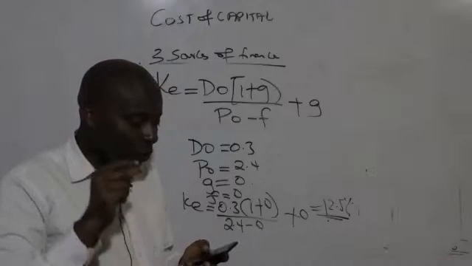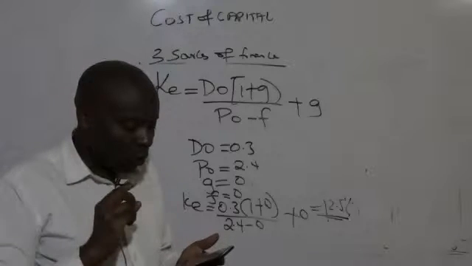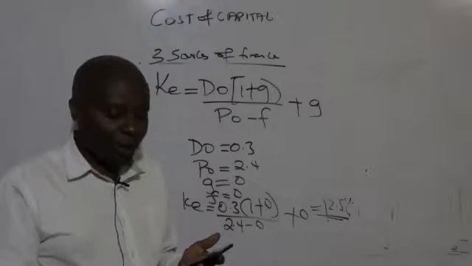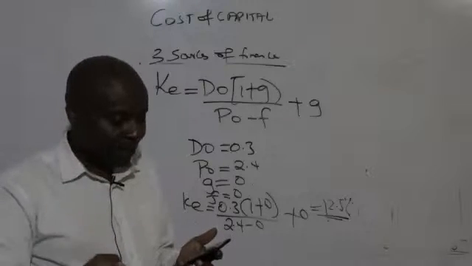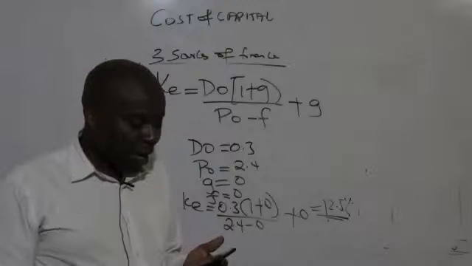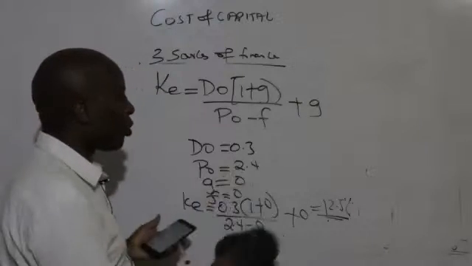A dividend of 0.4 per share has just been paid, so our D0 is 0.4. And dividends are growing at 6% per annum. Required: what is the cost of equity?